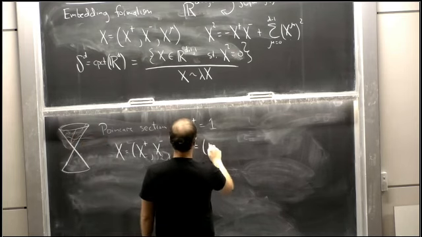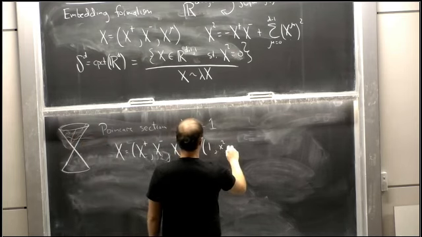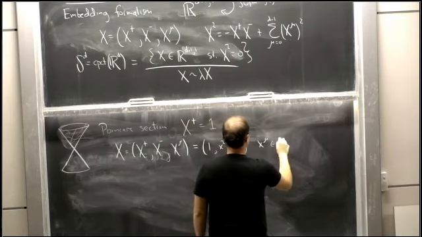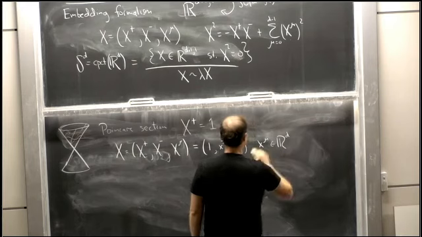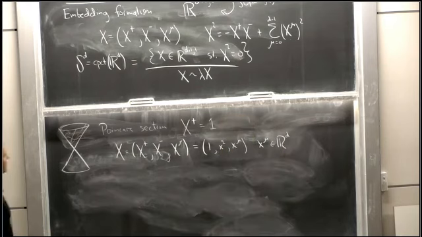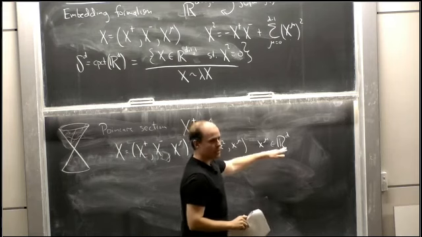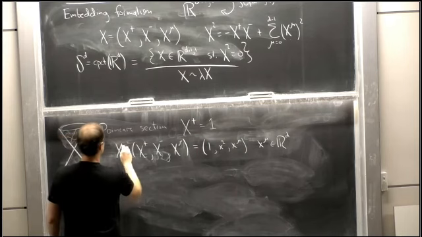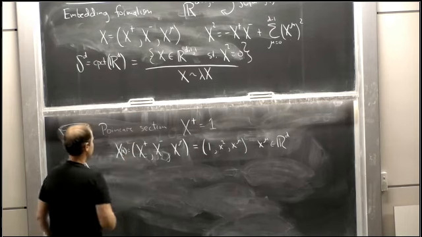And the solution is that it has the form (1, x^2, x^mu), where little x^mu is in R^d. And so this gives a copy of R^d inside the embedding space. And I guess I'll call this thing capital X of little x.